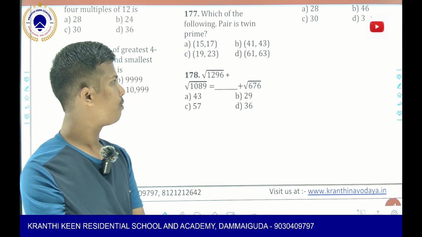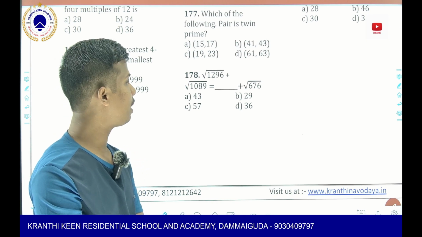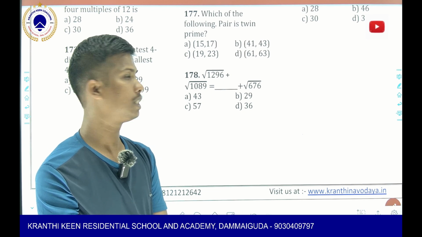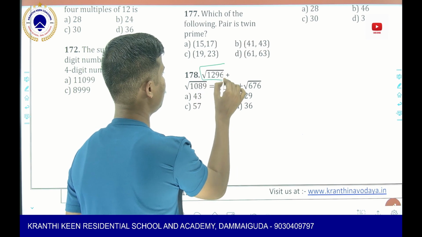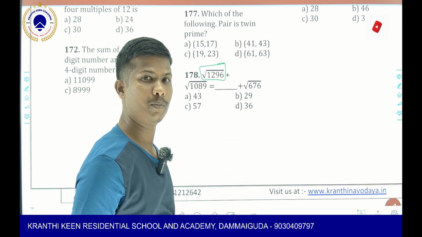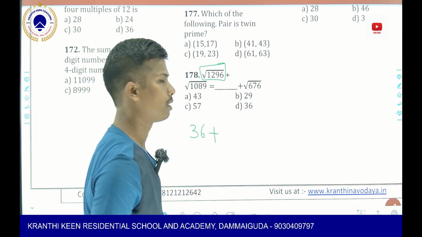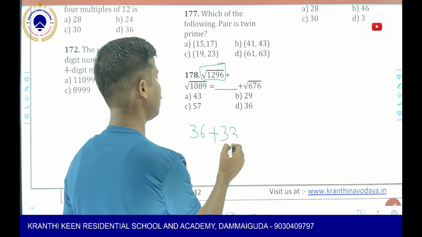You see, root of 1296 plus root of 1089 is equal to dash plus root of 676 is given. Now, root of 1296 is how much? 36. Plus root of 1089 is how much? 33.